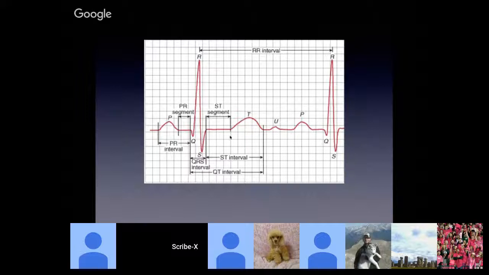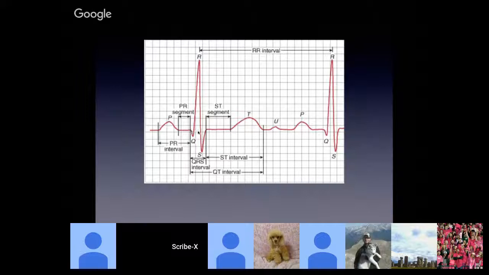And then we pay attention to various of these intervals. So the PR interval is the beginning of the P wave to the beginning of the R wave, or the Q wave. People will talk about the QRS complex even if the Q wave is absent. Oftentimes, the P wave will give rise directly to the R wave, and the Q is silent, as it were, the silent Q. The QRS interval is an important interval that we look at.